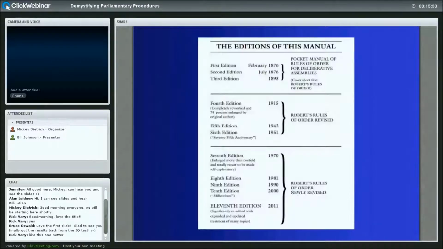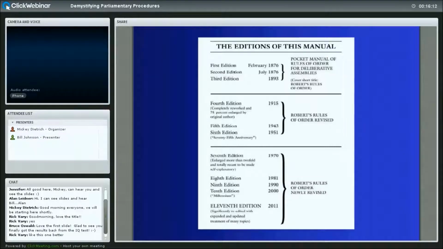Let me go to the next slide here. This is a bit of a chronology, so you can see the editions. The first 3 editions are generally referred to as just Robert's Rules of Order. The next 3 are referred to as Robert's Rules of Order Revised. And then all the revisions since then have been called Robert's Rules of Order Newly Revised. Those are the title changes.